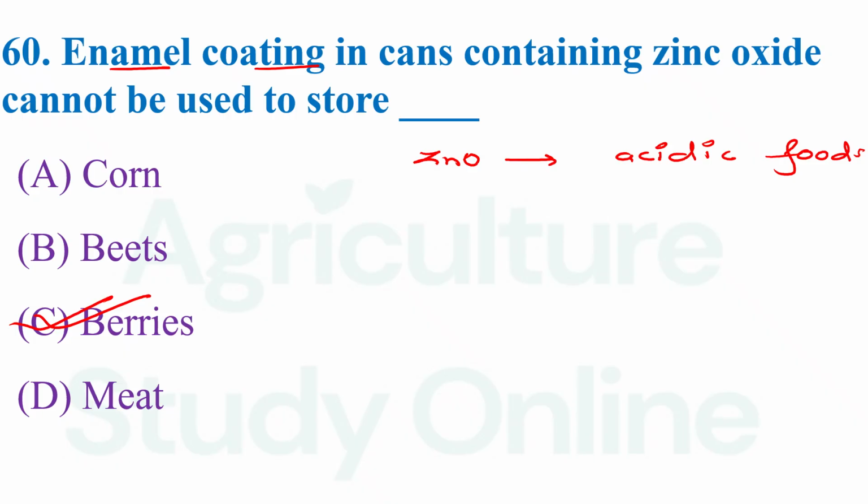So these acids will react with zinc oxide and can lead to metal dissolution or sometimes off flavor or sometimes toxicity. Whereas corn, we know it is low acidity, beets having mild acidity, and meat is nearly neutral pH. So correct option should be option number C, that is berries.